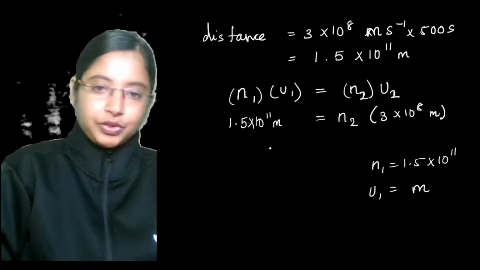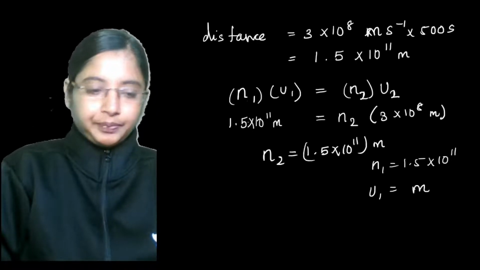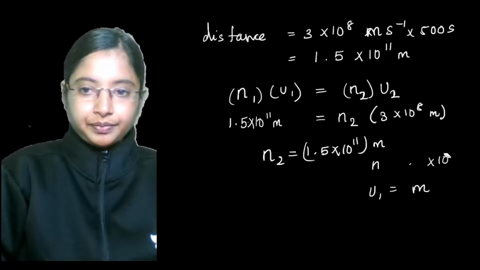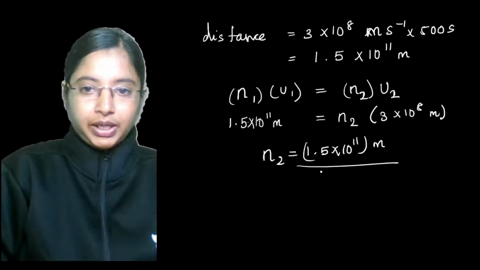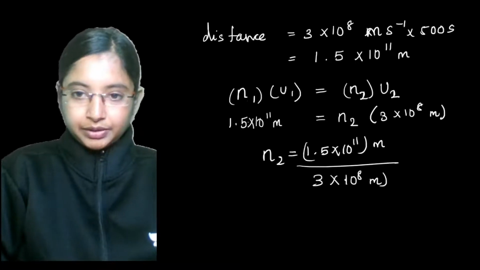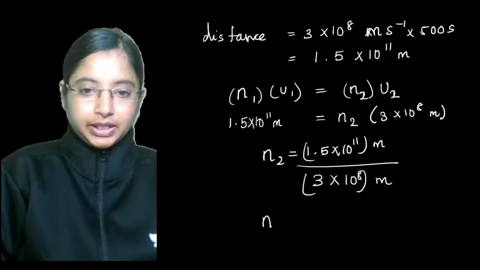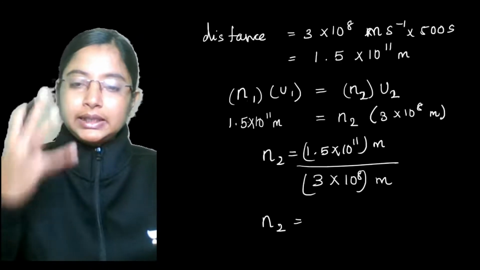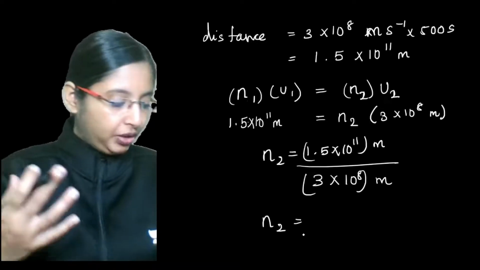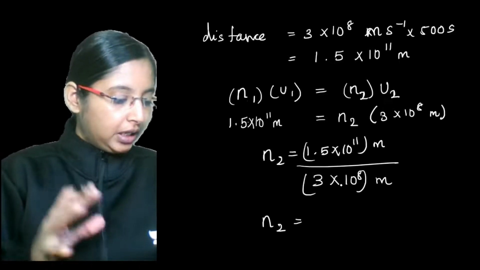So from here, if you substitute, what will be N2? This will be 1.5 into 10 to the power of 11 meters by 3 into 10 to the power of 8 meters. Meters get cancelled. N2 gives the numerical value in the new unit that we are considering, where the speed of light is 3 into 10 to the power of 8 meters.